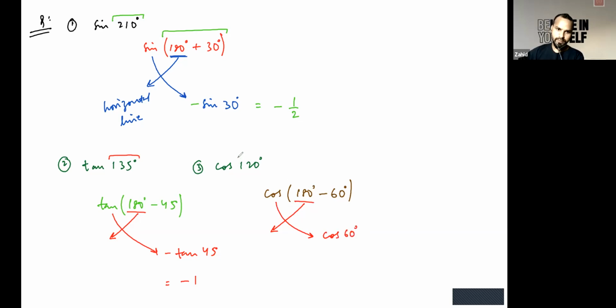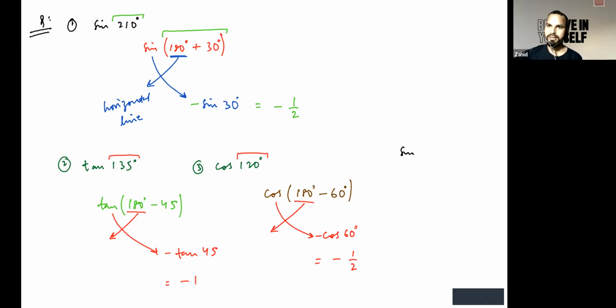Now this angle would lie in the second quadrant where cos is negative. So just put a negative sign. So it will be minus cos of 60 degrees, which equals minus 1 upon 2. So you will say cos 120 degrees is minus 1 by 2.